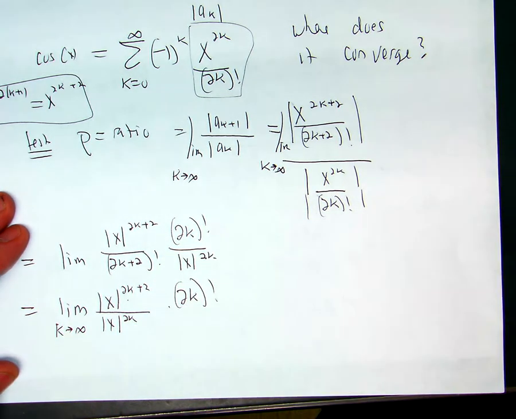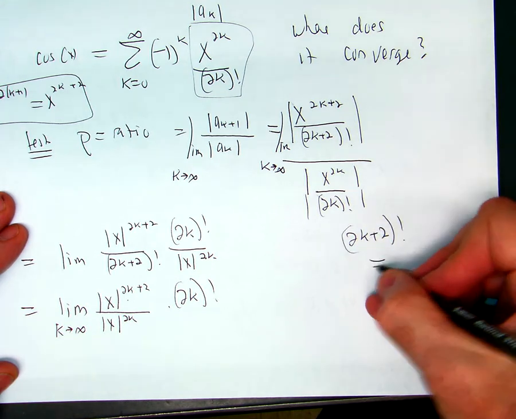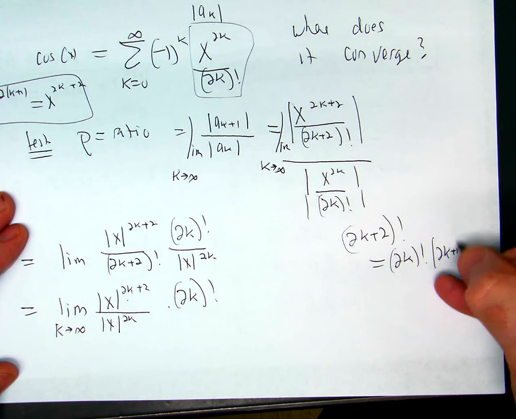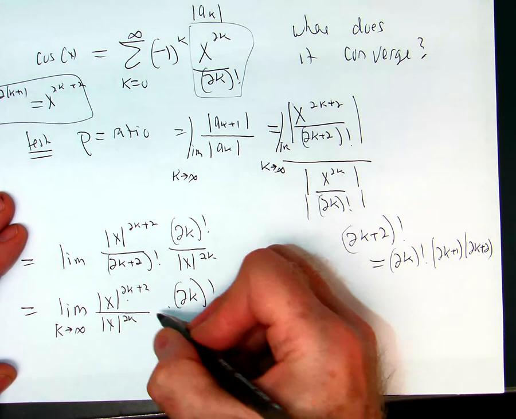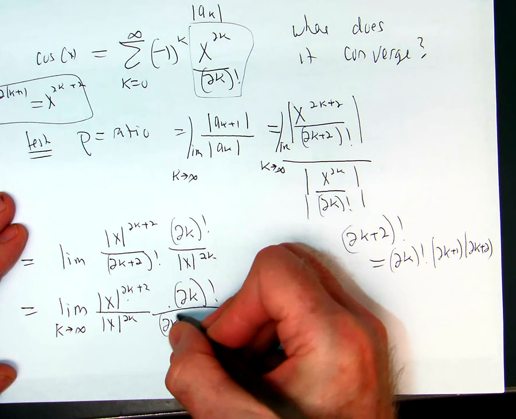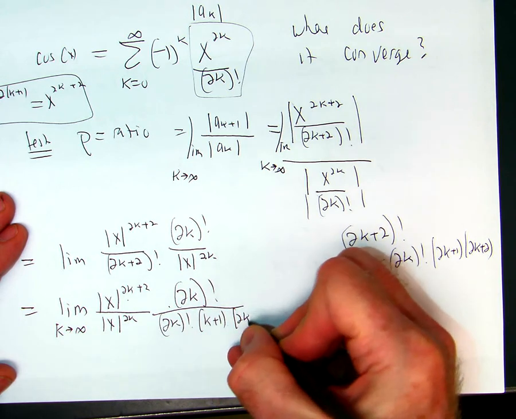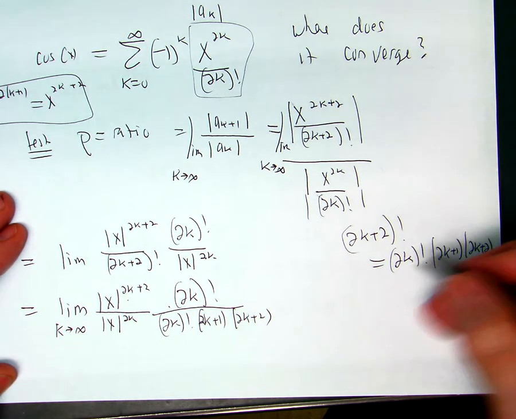Now remember that (2k+2) factorial is equal to (2k) factorial times 2 more factors. Forgot the 2 there. Okay.